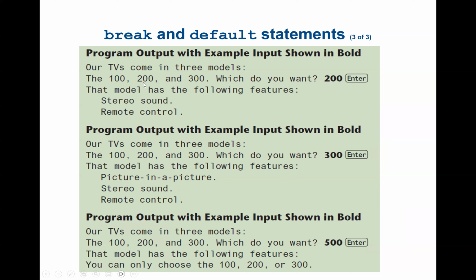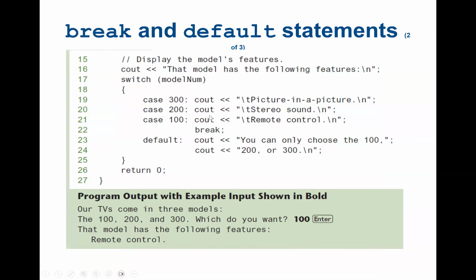So here we say our TV comes in 3 models again. The user enters 200 this time. Then we can see the 200. It prints what? Stereo sound, but it also prints remote control. Why? Because there's no break. So if the model number is 300, it means the TV has a picture in a picture, and also it has stereo sound, and also you have a remote control.